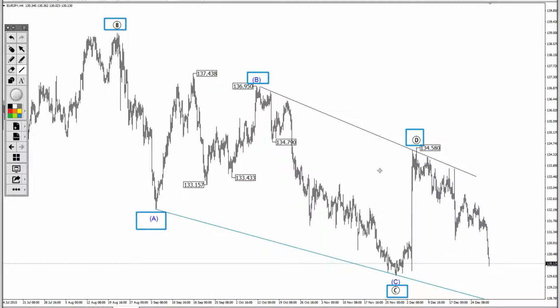Also, if we can make out an impulsive 5-wave structure out of this decline, then this wave count is probably not correct. This has been also very hard to figure out what is the correct labeling here, but as of now, this large triangle scenario is my preferred wave count, and I'm expecting a decline towards 128.5 and then a reversal, and next corrective wave up can start.